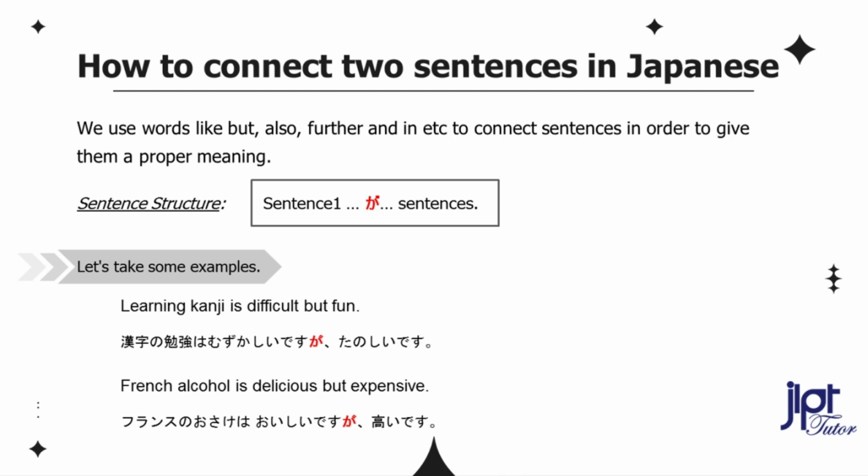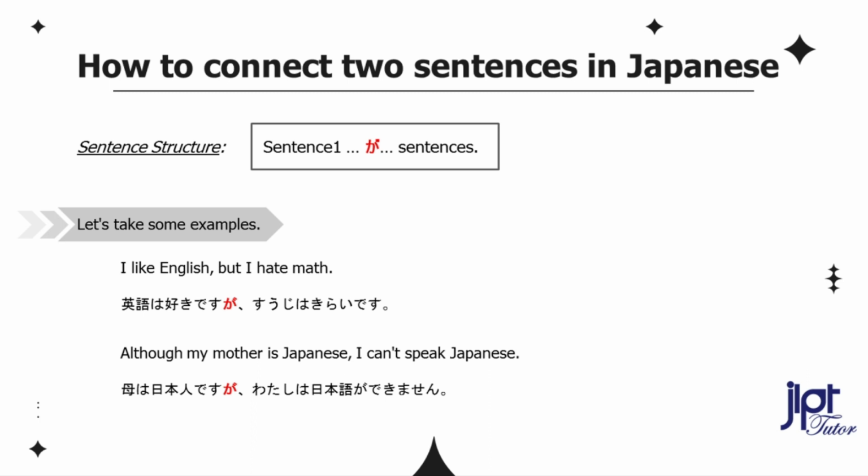French alcohol is delicious but expensive. フランスのお酒は美味しいですが高いです。 Let's take more examples.